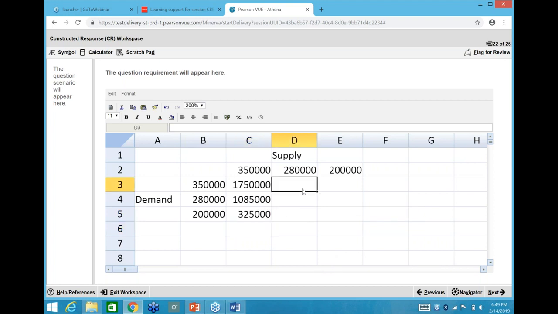Now careful with this, although demand is 350, if I'm supplying only 280, I can't sell 350. So it's 280 into 9 minus 280 into 4. Copy and paste.